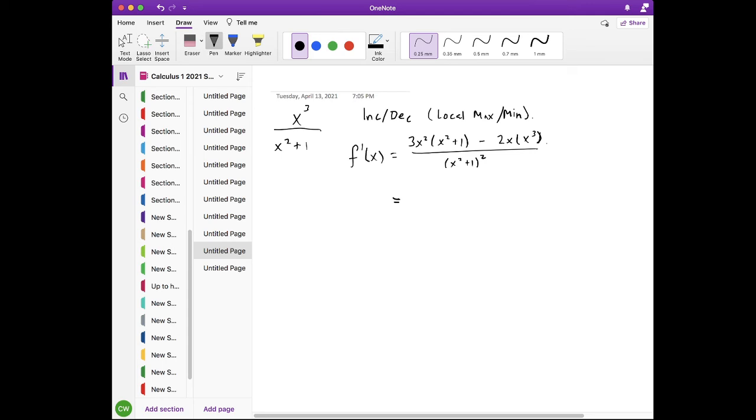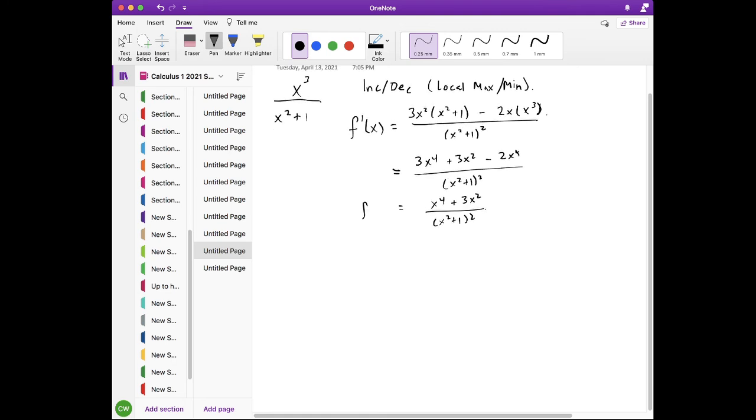We don't have to. 3x to the fourth plus 3x squared minus 2x to the fourth. Okay, so that's x to the fourth plus 3x squared over x squared plus 1 squared. Okay, now how do you factor the numerator?